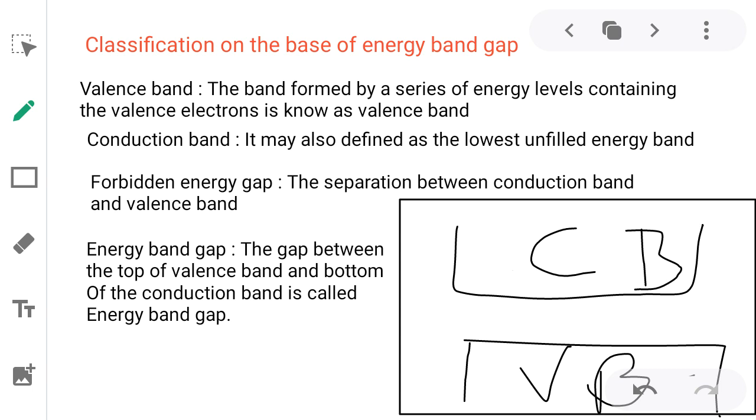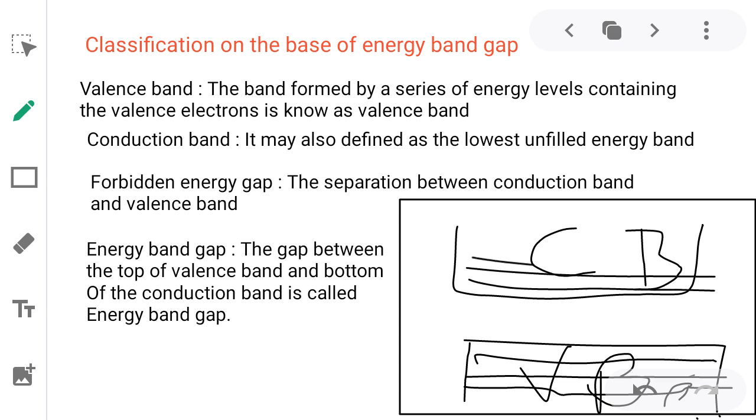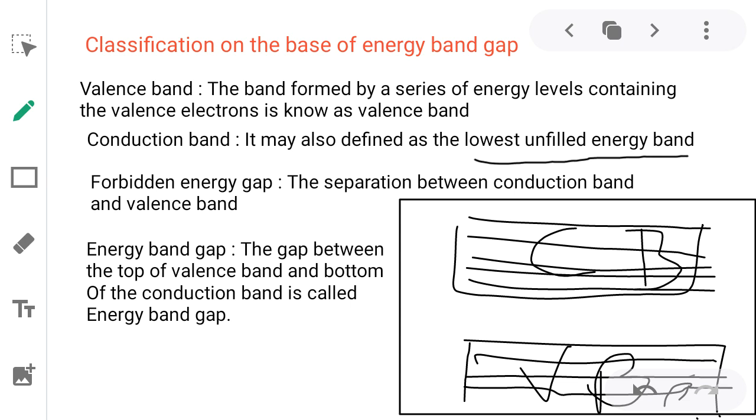The valence band is the band formed by a series of energy levels filled by the valence electrons. The conduction band is also the same. Band means a collection of energy levels, and the conduction band is the lowest unfilled set of energy levels.